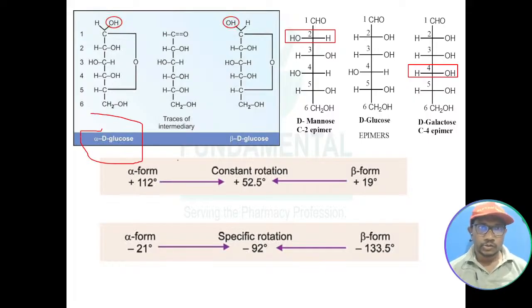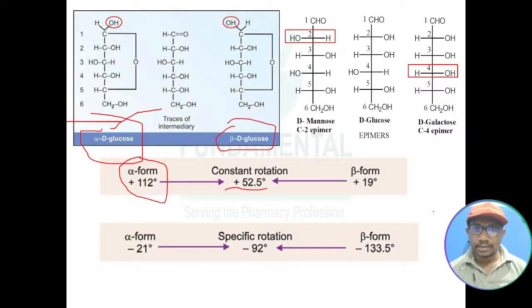If you check the optical rotation of freshly prepared glucose solution, dextrose solution, it is around plus 112, means dextro. Then this alpha-D-glucose changes, the optical rotation changes to 52.5, which is intermediate, and lastly gets stabilized at 19.